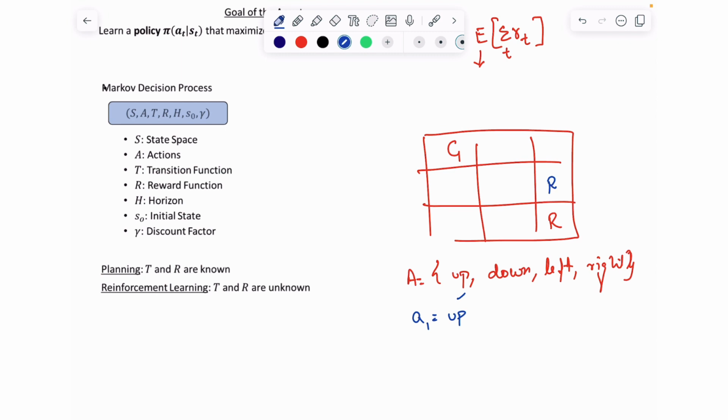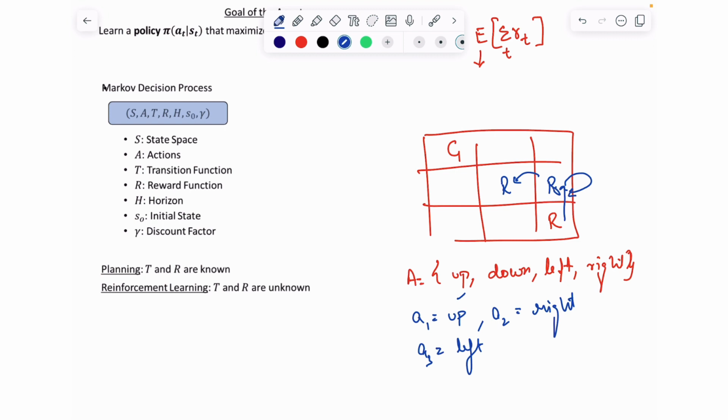So the robot will move to this particular state. Then let's say it decided to take the action A2 is equal to right. But this action will have no effect on the position, so the robot will remain in the same state. Then let's say for A3, it decides to go left. So it will move to this particular state. So it took this action, then it stayed in the same state, then it moved to this state, and so on and so forth.